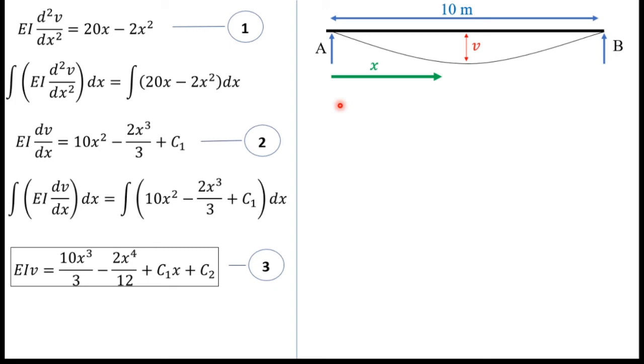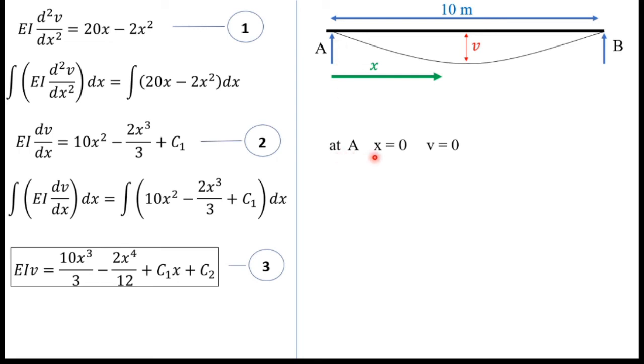So this is our beam and this is the deflected shape. I measure this x from point A to point B. Next I am going to apply boundary conditions for these equations. So at A there is a simply supported condition and B also simply supported condition, and in simply supported conditions, deflections are 0.